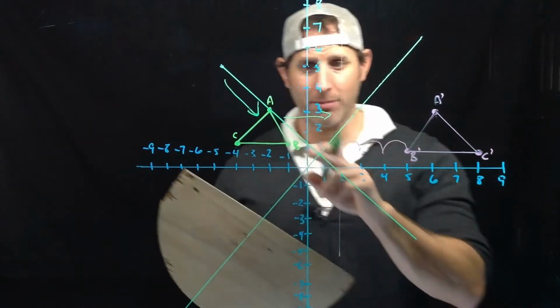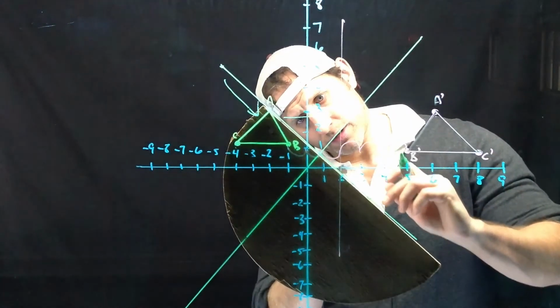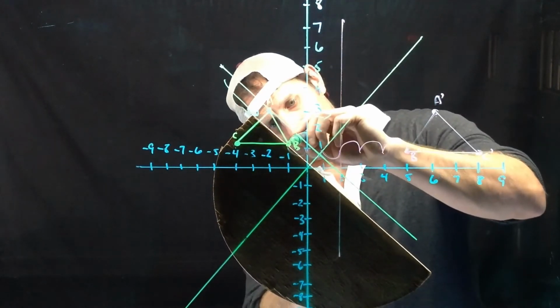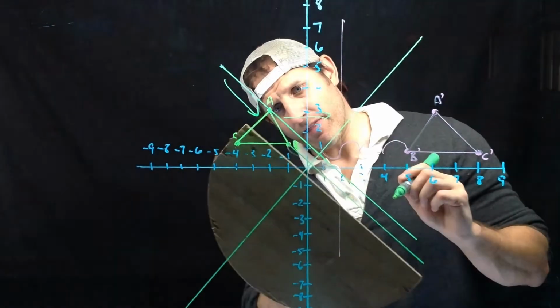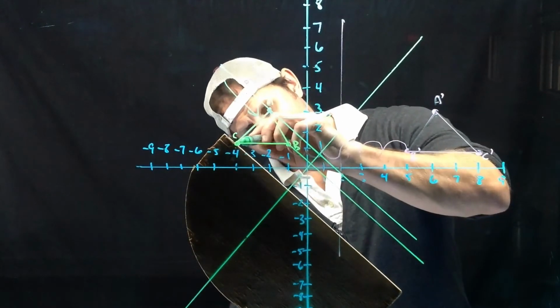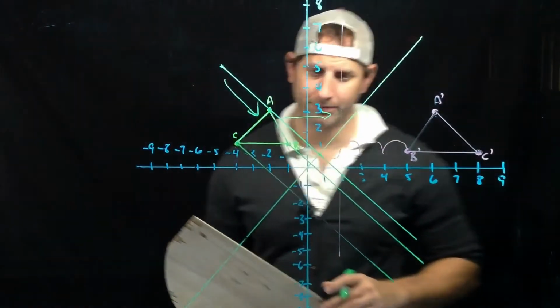I'm going to do the same with B. Now that's perpendicular, so I should be able to just eyeball that one. You'll probably want precision. It's a little tougher to do with this protractor. And then that's perpendicular, so maybe what I can do is just move that over here and draw my 180 degree line that way.